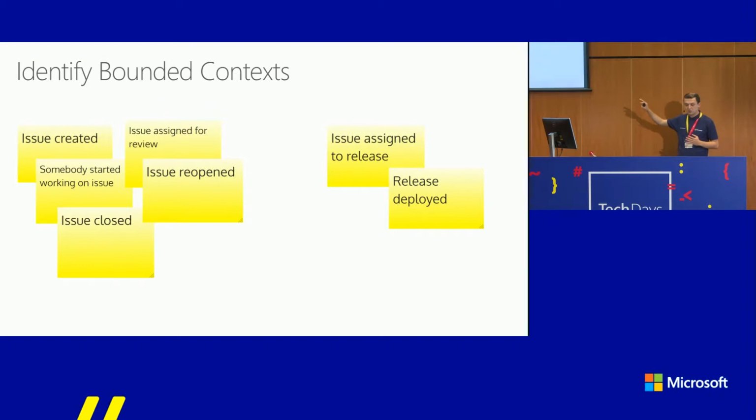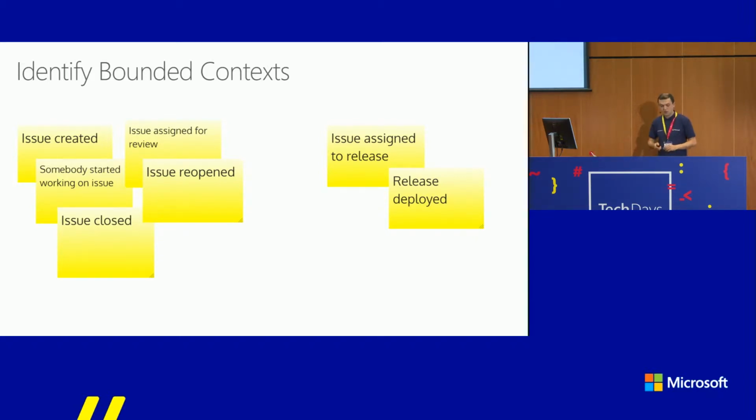Like in our example, some events could be related to issue lifecycle management, and others more about release management. Those groups will be good candidates for future bounded contexts in your application, if you know what I mean. So the vertical slices, which you'll be able to build around those concepts.